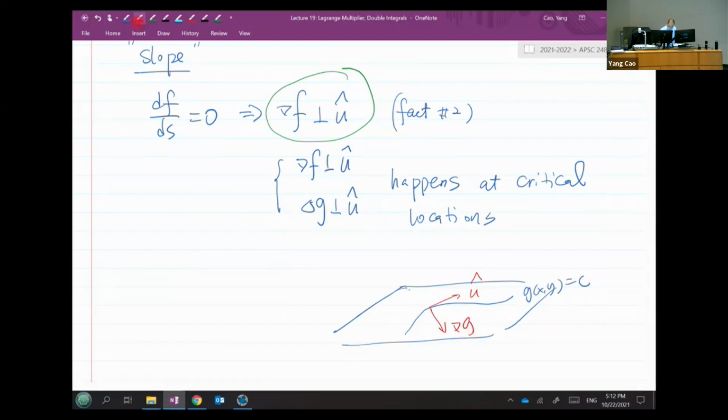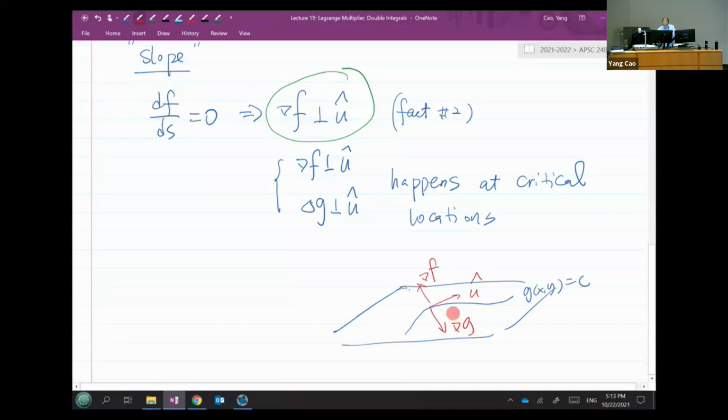And what about the del F? With the del F also perpendicular, let's assume del F is pointing this way. It could be the other way. So remember, all the vectors are in the same plane, right? The 3 vectors are in exactly the same plane. And now we know del F is perpendicular to u hat.